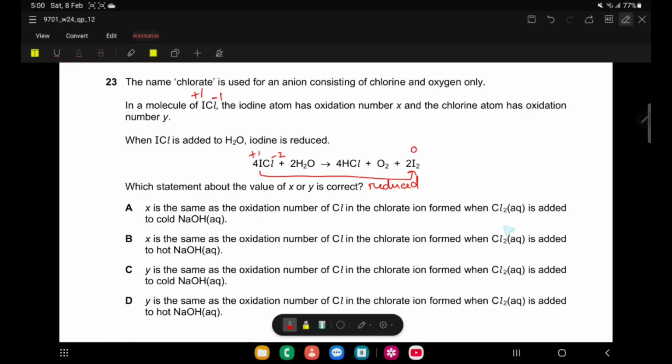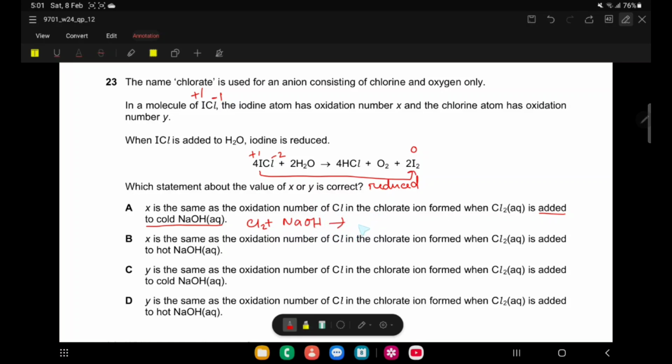Here you need to remember the chemical equation when chlorine reacts with cold sodium hydroxide.